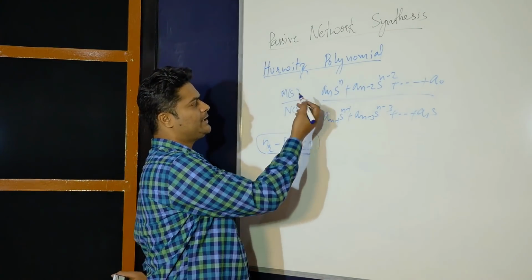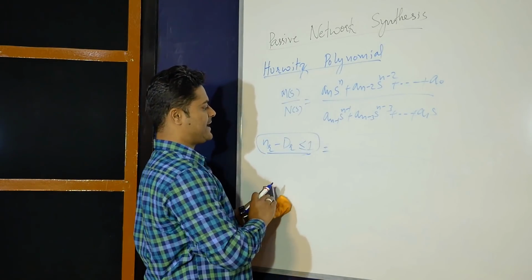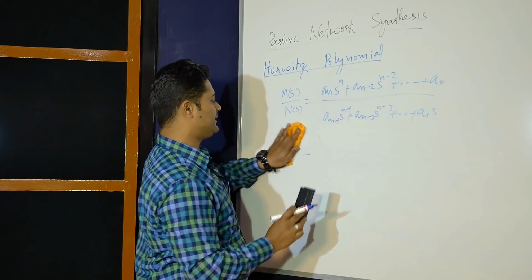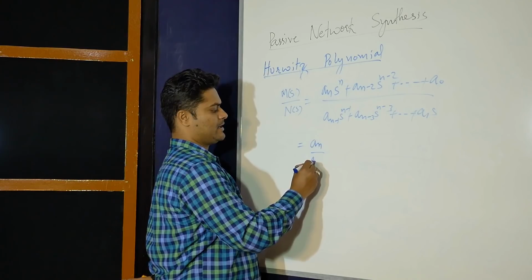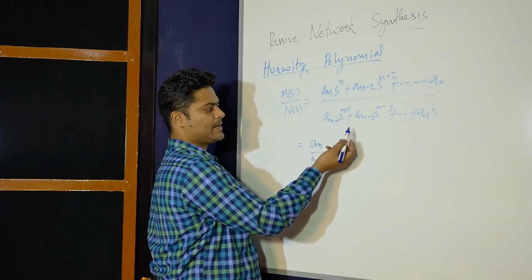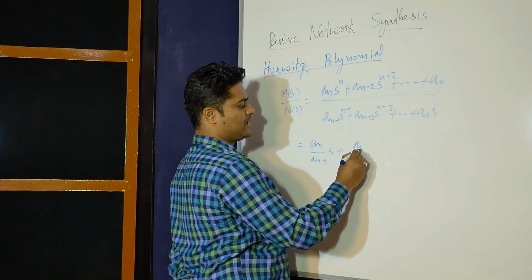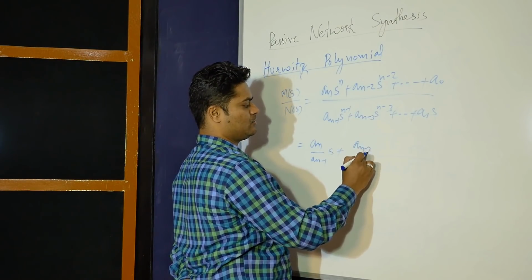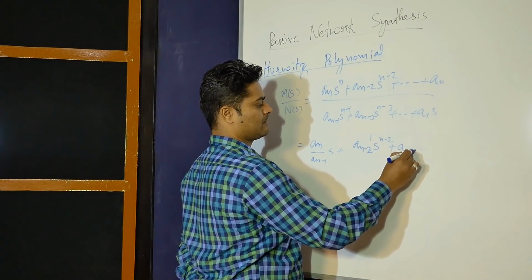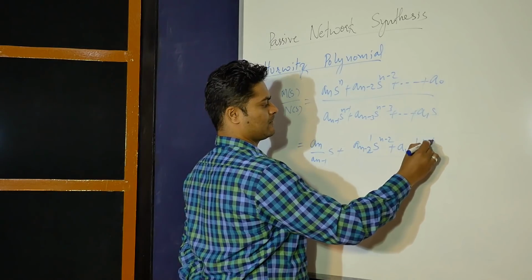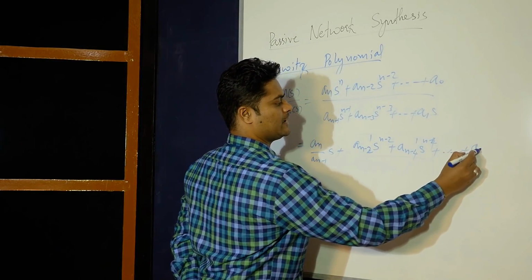So continued fraction expansion. What do we do? We divide this numerator by our denominator. So we end up with the first an by an minus 1, s to the power n by s to the power n minus 1 is s, plus here we have an minus 2 dash, so on till a naught dash.